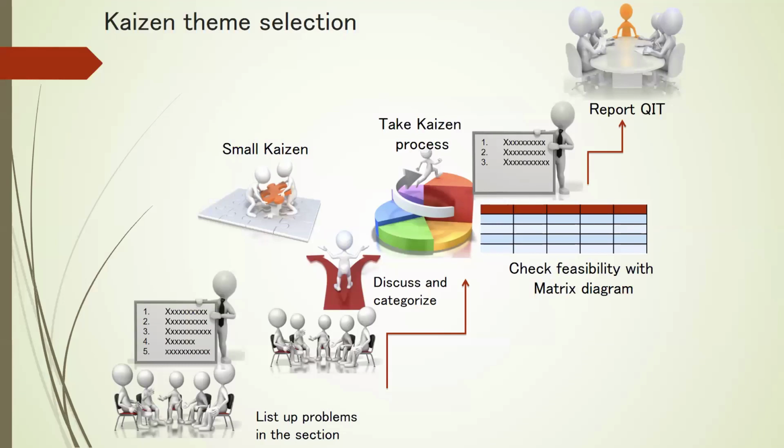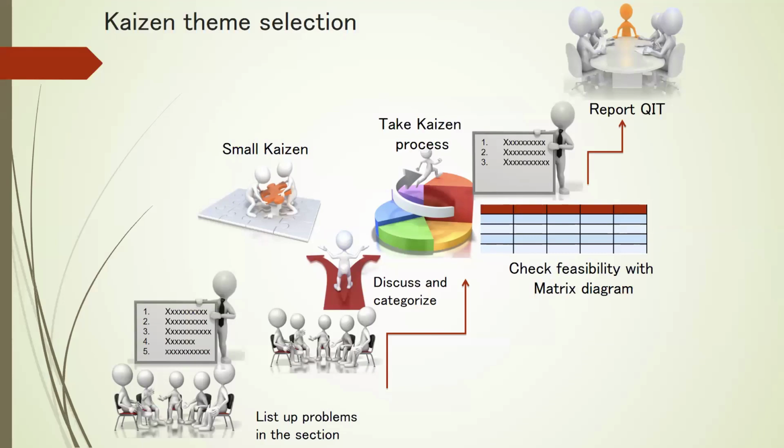Then after you have done that, now you can discuss, come together and now categorize. We said you have two levels of Kaizen, that is small Kaizen and large Kaizen. Once you have listed all the issues, maybe you say there's low skill delivery, there is low TB screening, there is long waiting time for patients, and so on.